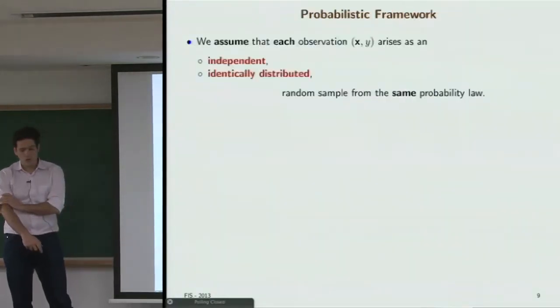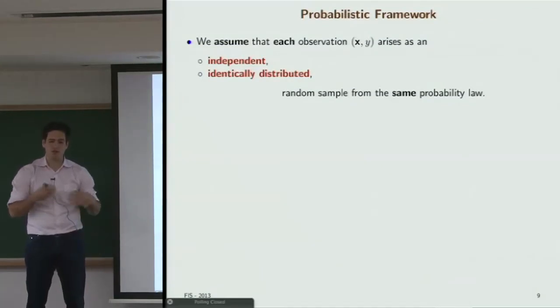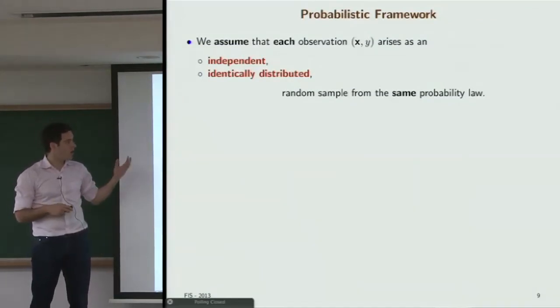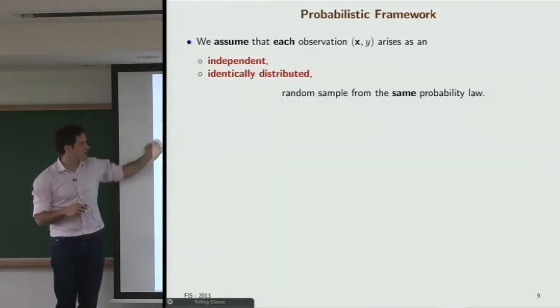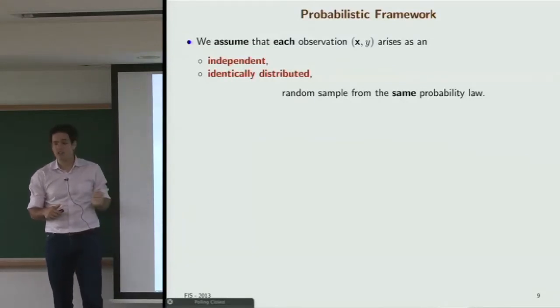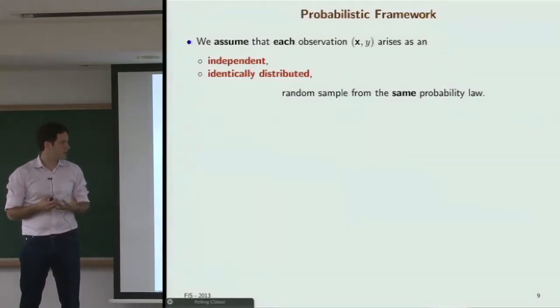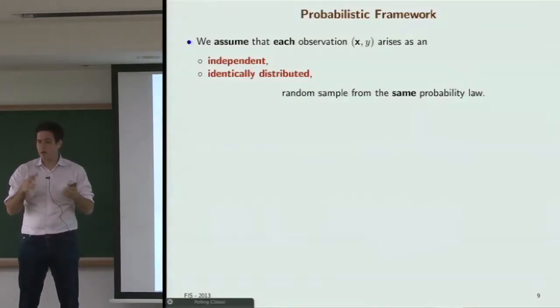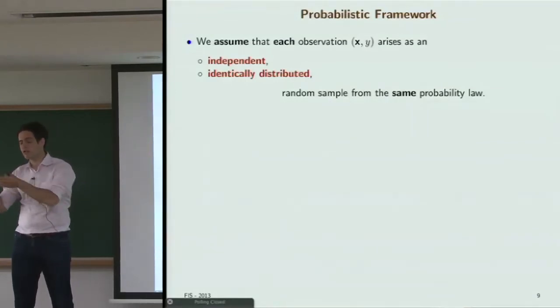So to quantify this assumption, what we will do is that we will assume that all observations, each observation taken separately, arises as an independent and identically distributed random sample from the same probability law. So again, the independence assumption is the fact that one observation has no influence on the next one.